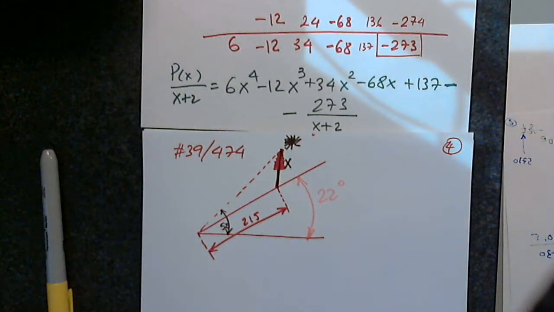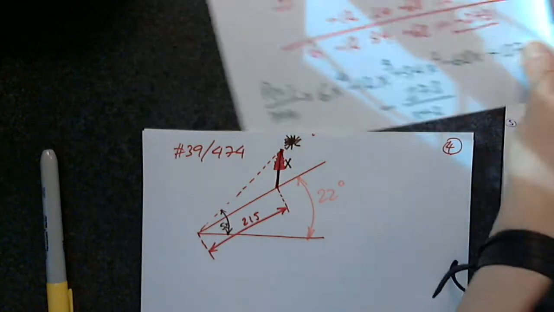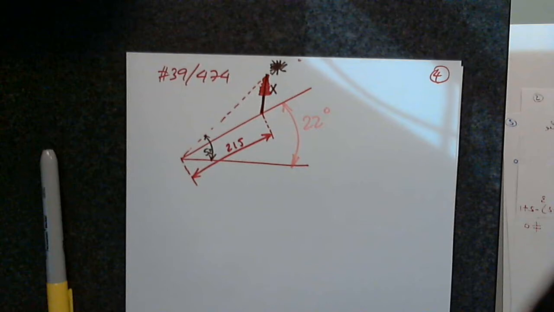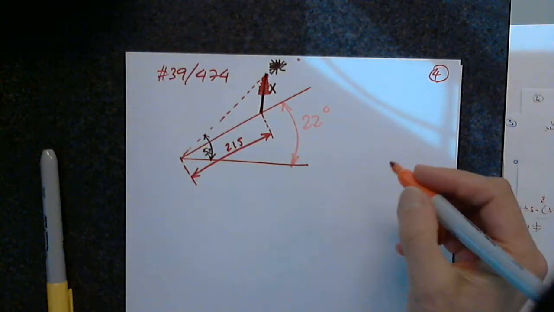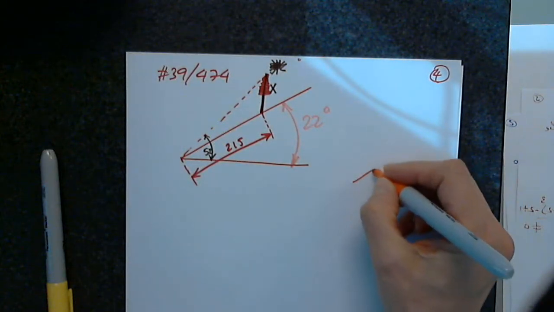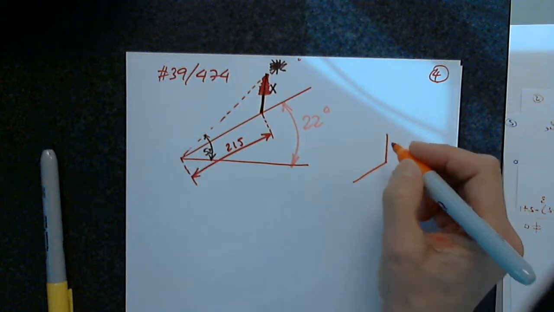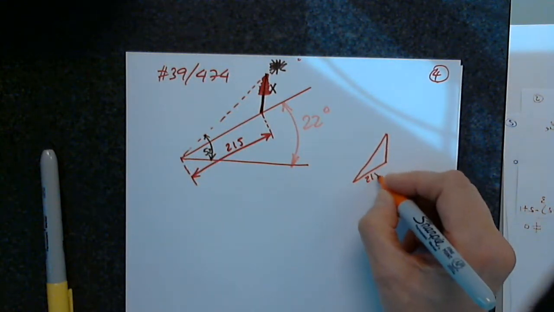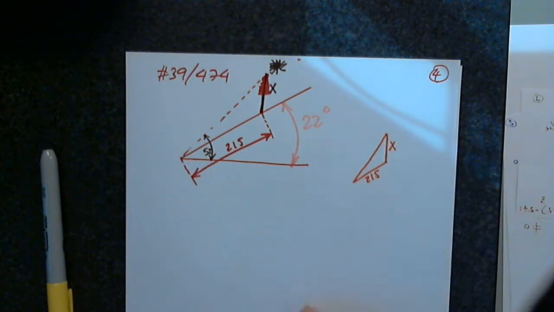What I recommend in these kind of problems, always take that triangle. I shouldn't say always. I recommend that. Take the triangle out of there. So this is my situation, really. Okay, I have this 215. I'm looking for this height.